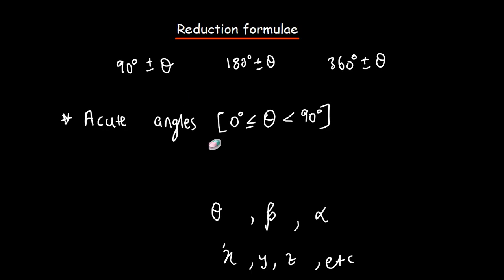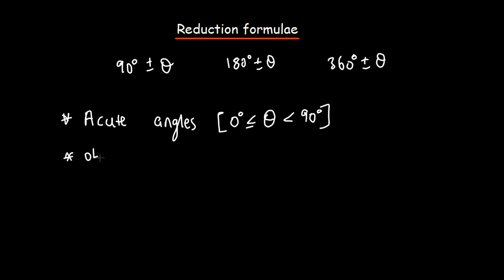Okay, so there are also other types of angles, guys. We can name a few. Obtuse angles, which are between 90 degrees and what? And 180 degrees. Those are your obtuse angles.